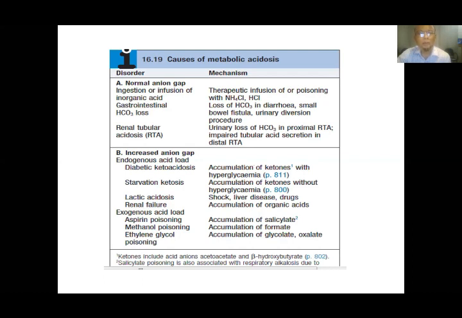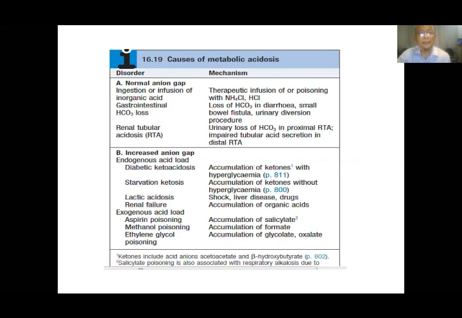In case of renal tubular acidosis, there is urinary loss of bicarbonate in proximal renal tubular acidosis, impaired tubular acid secretion in distal renal tubular acidosis. You will get loss of bicarbonate in the urine, resulting in metabolic acidosis. So there will be normal anion gap. Normal anion gap is usually 12 to 16.